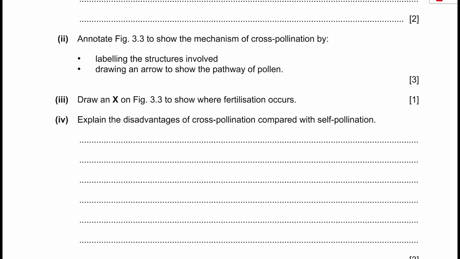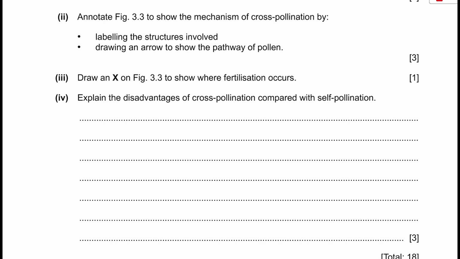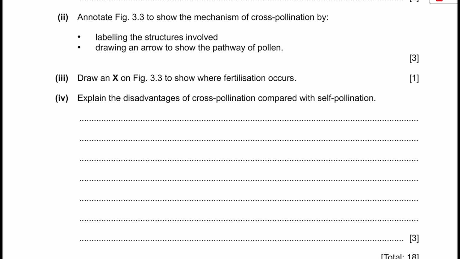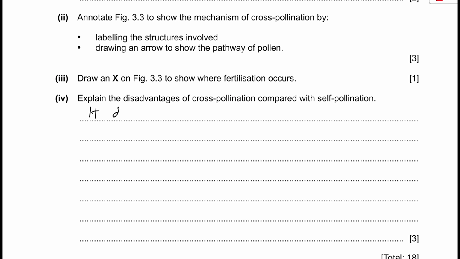Okay, explain the disadvantages of cross-pollination compared to self-pollination. Now, cross-pollination involves movement of gametes from one flower to another, but flowers of the same kind of species. So one disadvantage is that it depends on pollinators, meaning that without pollinators there will be no transfer of pollen.